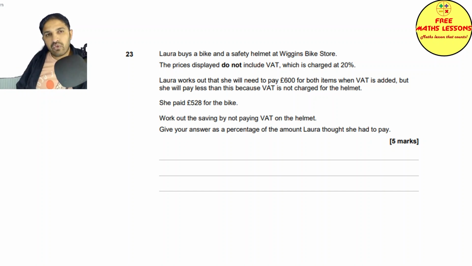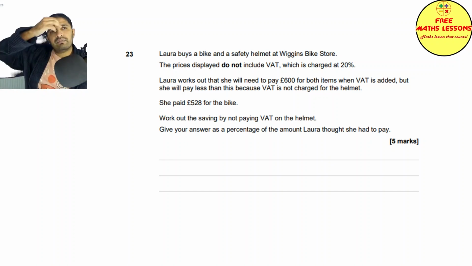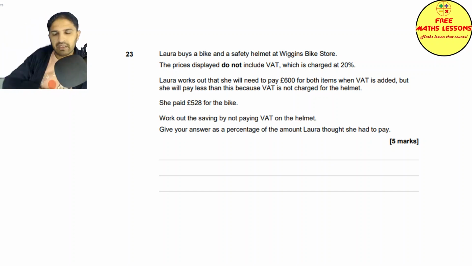Question 23. Laura buys a bike and a safety helmet from the Wigan bike store. Prices displayed do not include VAT, which is charged at 20%.